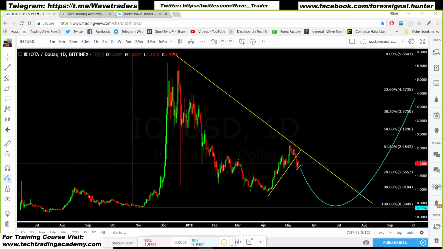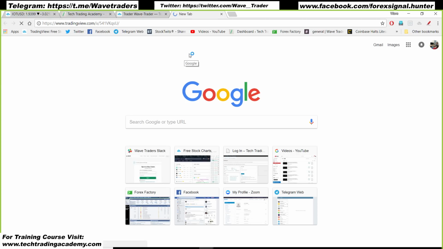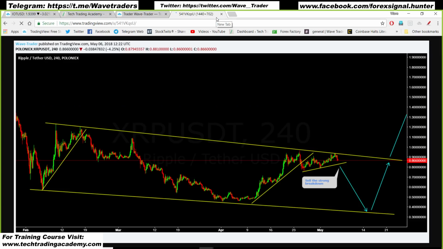We were looking for one more drop on OITA. Same formation across the board, same pattern formation like this chart.